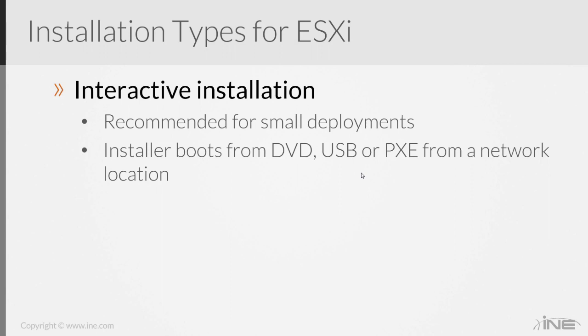So basically, after the installation or your setup has booted there, you would accept your licensing agreement and then choose your boot device or your installation partition where you would want that to go to, and just go through the installation. At the end of that, you would be at your DCUI or your direct console user interface.